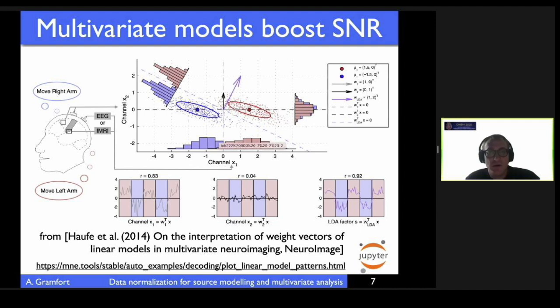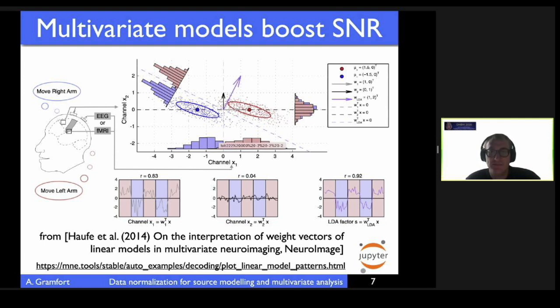So here, to illustrate this, imagine that you have a subject who is thinking about either moving his right arm or moving his left arm. Moving the right arm would lead to these blue measurements that you see on channel X1 and channel X2. And when he's thinking about moving his left arm, what you obtain is these red measurements.